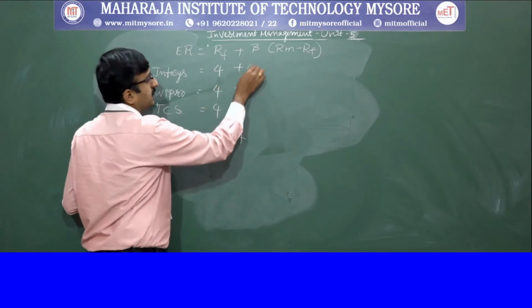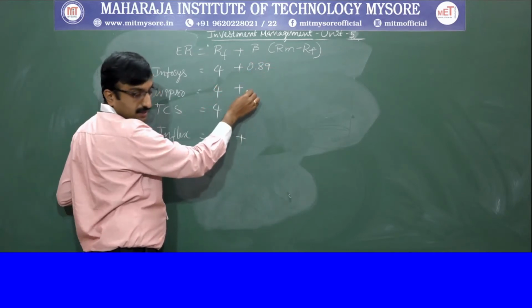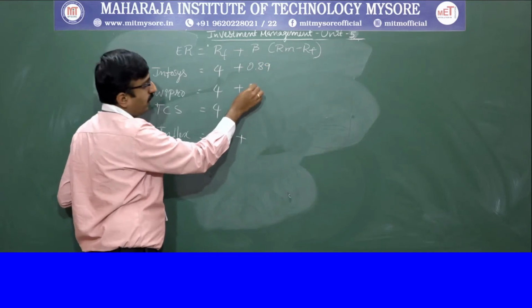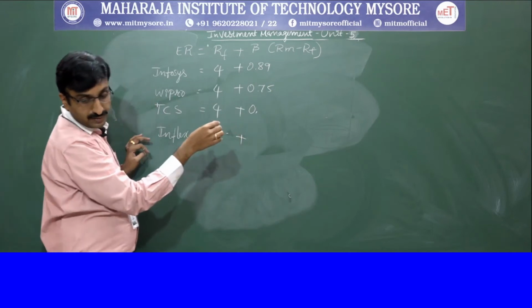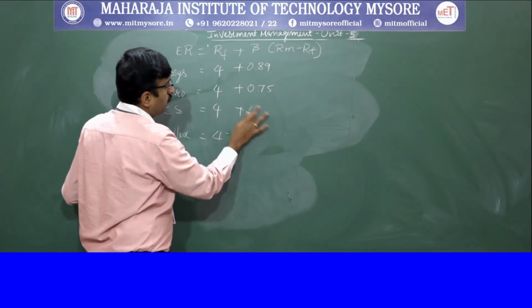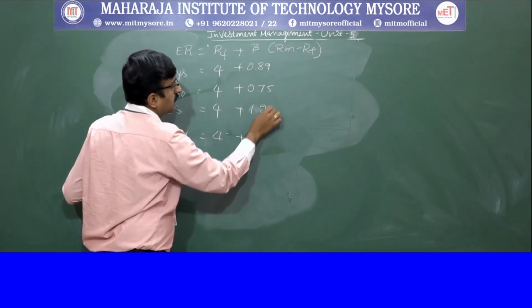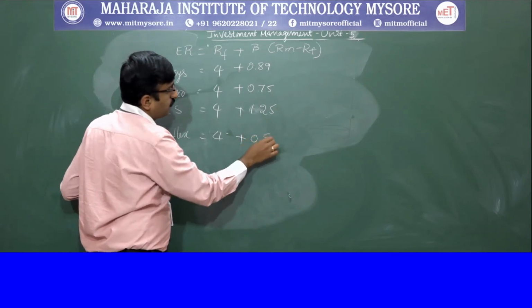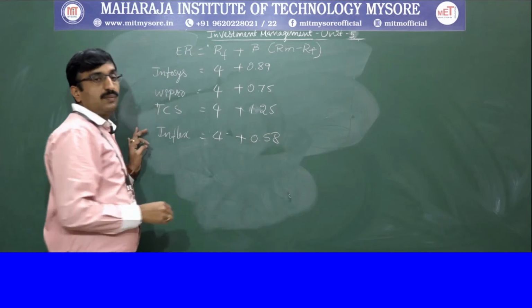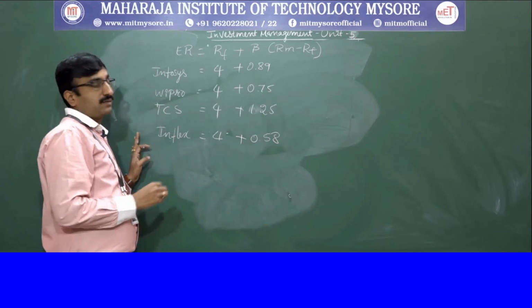You can take them as they are, that is 0.89, next 0.75, then 1.25, and lastly 0.58. This is the beta value they have given.